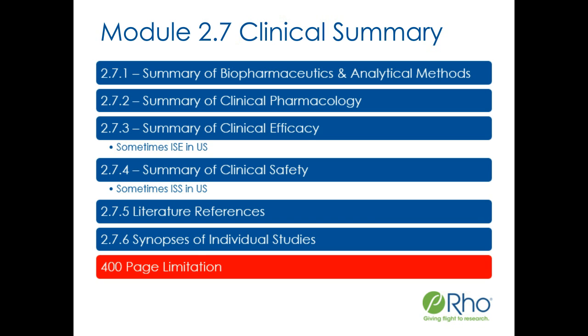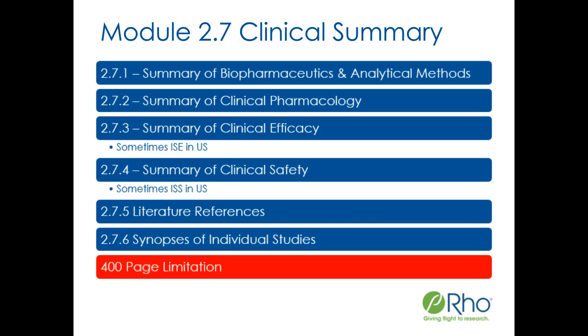And the biopharmaceutics and analytical methods is primarily a CMC-driven document with elements about manufacturing and development of your product. Clinical pharmacology is really the clinical aspects of your product: how it's handled in the body, what are the pharmacokinetics, the effect on the body with what time frame.